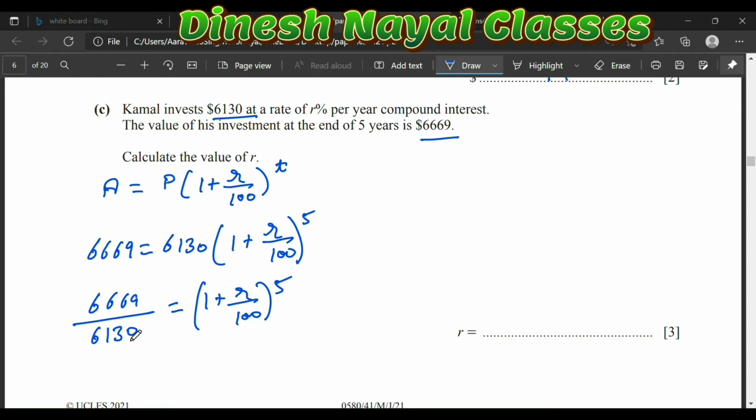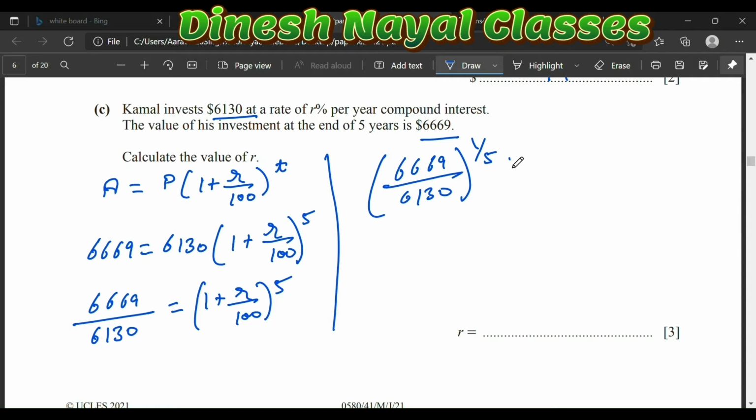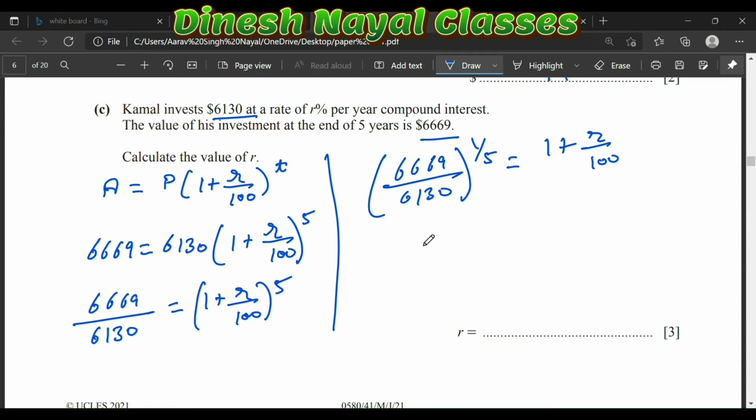Now taking the fifth root of the left hand side, substituting the value in calculator, the answer will be 1.017, which is equal to 1 plus R by 100. Now taking 1 to the left side, you will get 0.017 equals R by 100. Cross multiplying, that will be 1.7%.